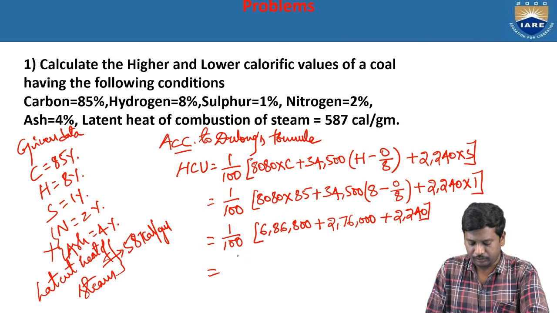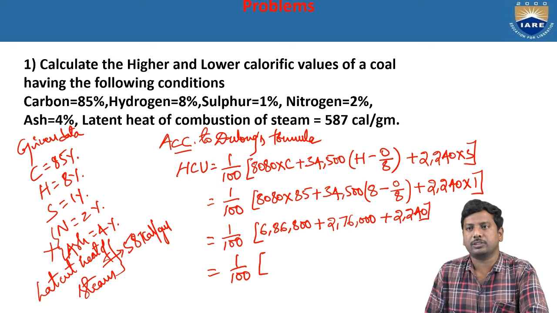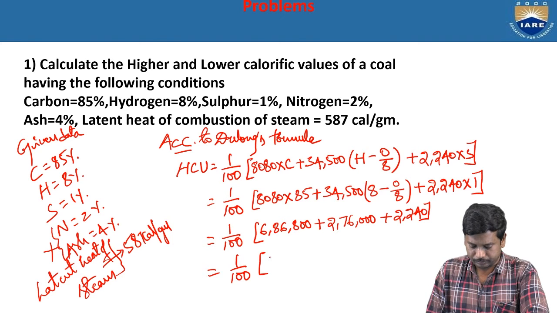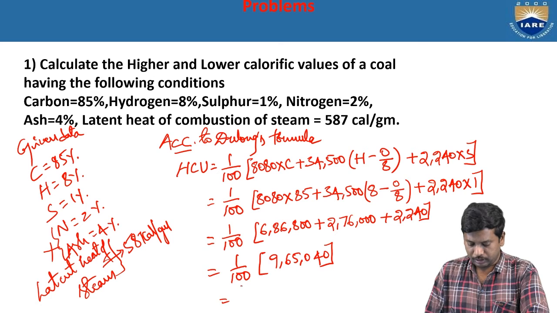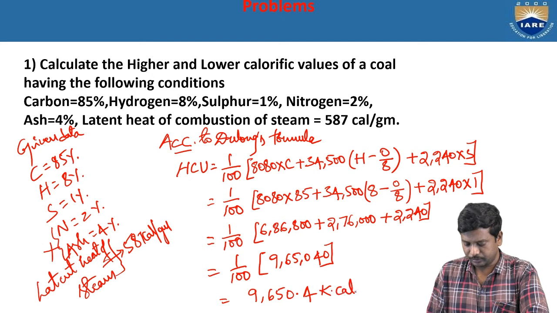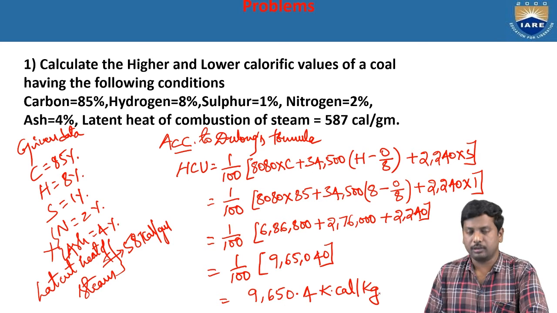So by the combination of all these values, 1 by 100 into 6,86,800 plus 2,76,000 plus 2,240, the sum of these three values is nearly 9,65,040. Divided by 100, we get 9,650.4 kilocalorie per kg.